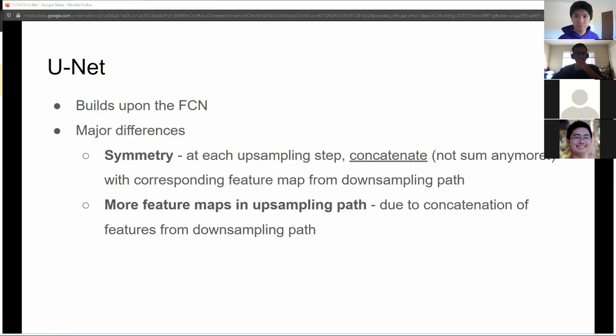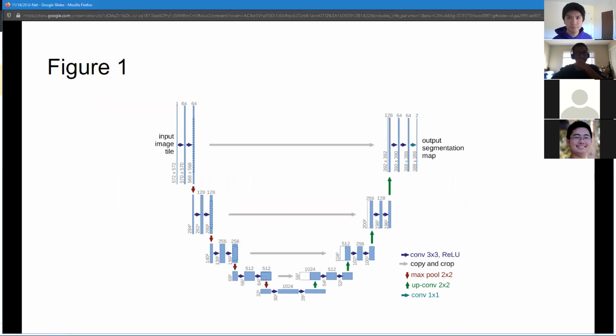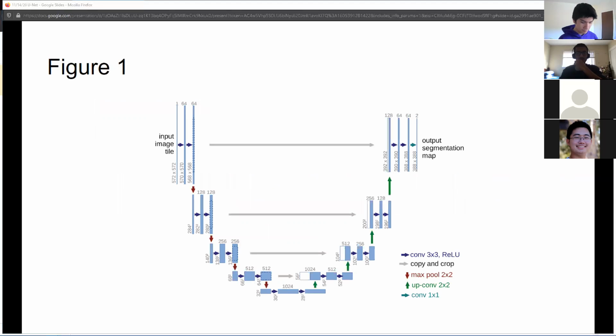So there are more feature maps in the upsampling path because we're adding these high resolution parts from the early contracting layers into the future upsampling layers. The diagram shows it a little better. Here you can see why they call it UNet. In the first half they're going down and then they're going up.